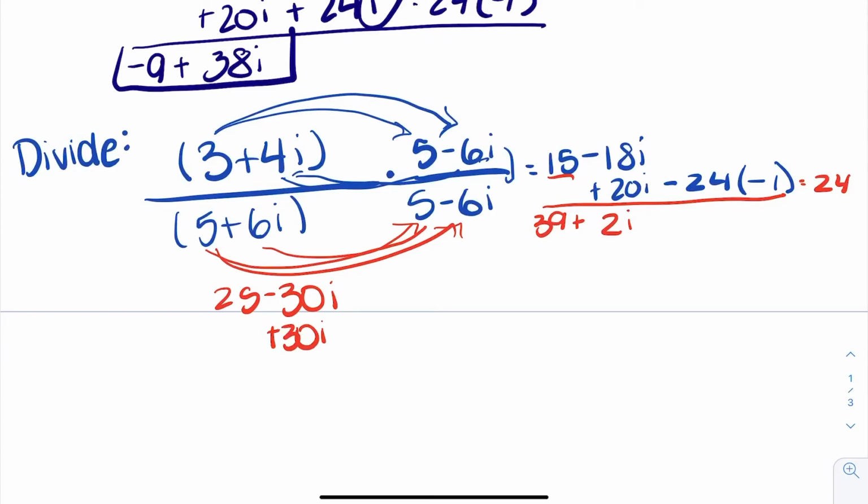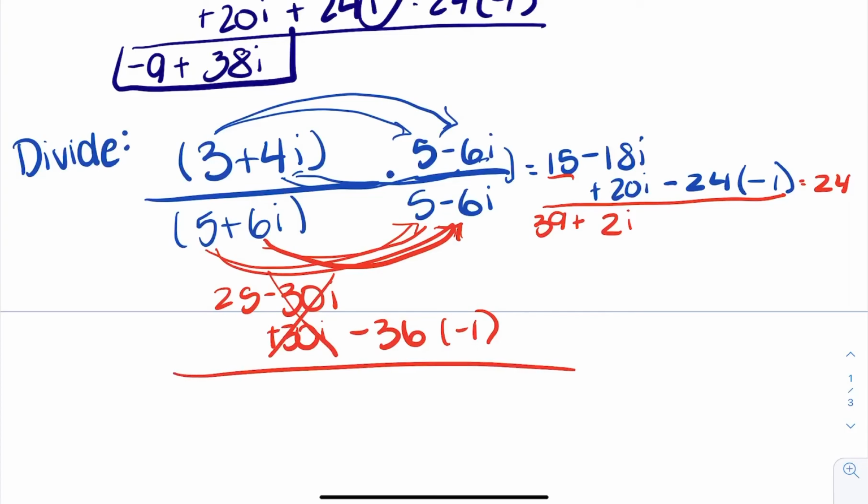You would normally rationalize it, and this is what it's doing. And then 6i times negative 6i, which is a negative 36i squared, which is just negative 1. So these cancel out. Then you have 25 plus 36, which equals 61.